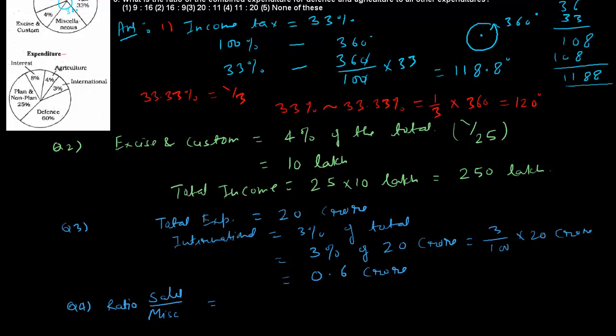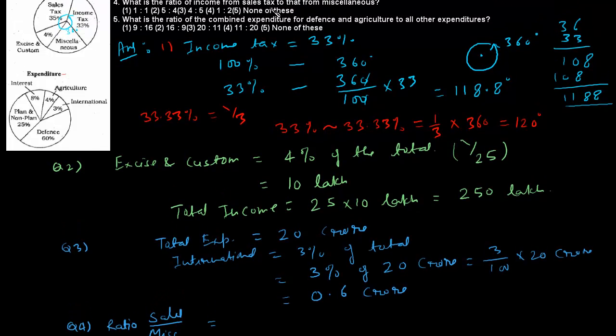So sales tax is 35%, divided by miscellaneous, that is basically 100 minus all of them combined. 100 minus 35 plus 33 plus 4, that is 35% divided by 100 minus this much, that is 68 plus 4, that is 72. 100 minus 72, that is 28.